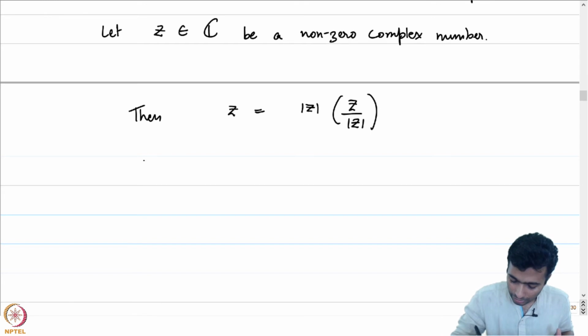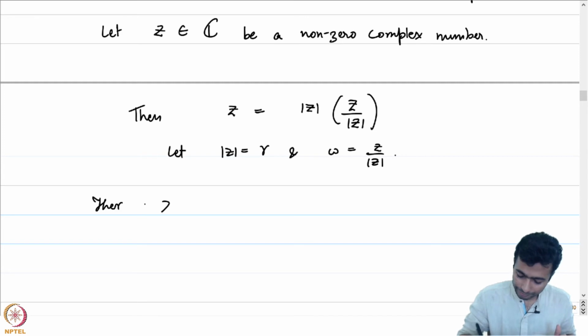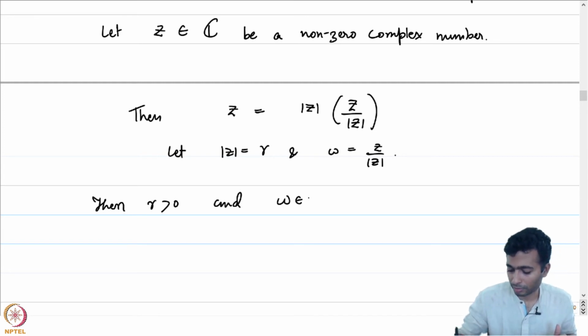Let me just give them names. Let the absolute value of z be equal to r and omega be equal to z divided by the absolute value of z. Then the first observation is that r is positive and omega belongs to S1.